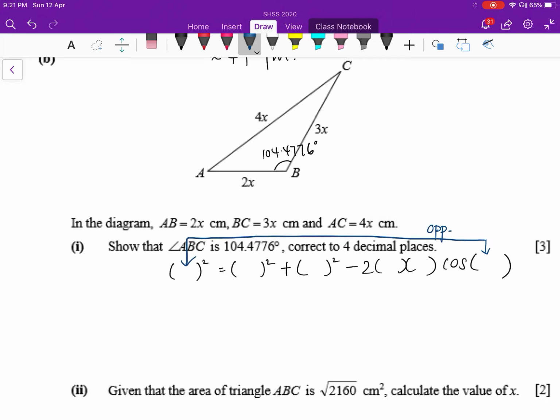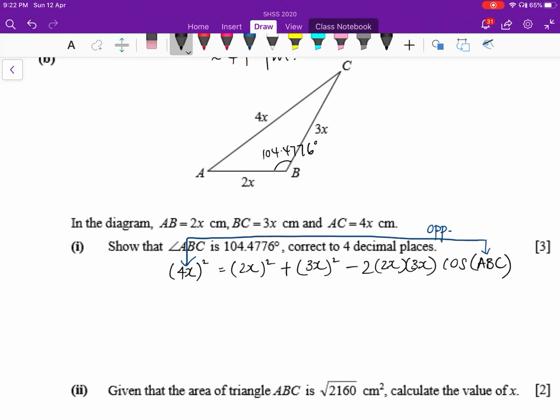In this case, we want to find angle ABC. So I'm just going to fill in the angle. This is angle ABC that we are finding. And the length that is opposite angle ABC is 4x. Now I'm going to fill in the other two lengths, which are 2x and 3x. And that is cosine rule.